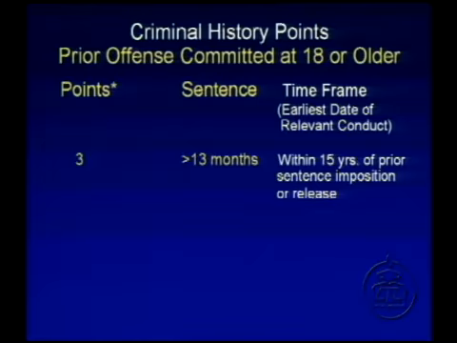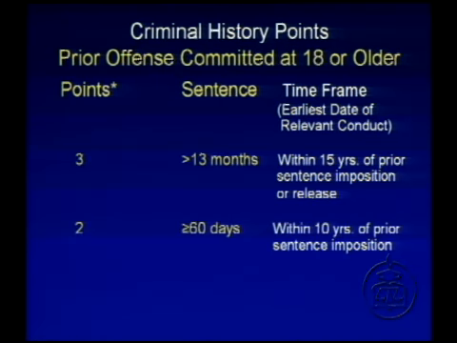Now, let's take a look at how 4A1.1 applies to prior offenses committed at the age of 18 or older. A prior sentence of imprisonment exceeding 13 months will receive 3 criminal history points if the imposition of the prior sentence or the release date of that prior sentence is within 15 years of the instant offense of conviction.